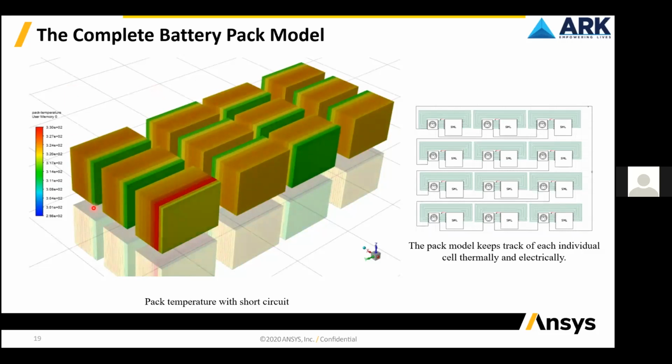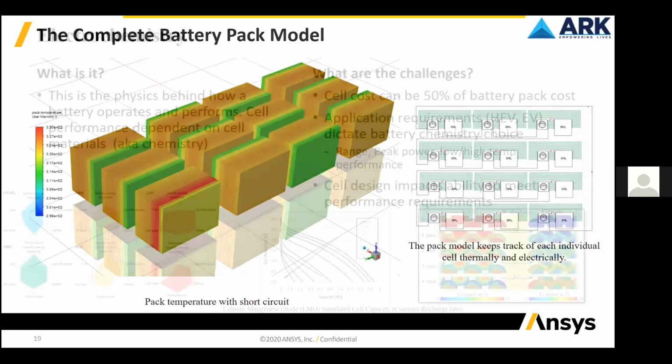As you can see, this is a battery pack that is simulated for the thermal analysis. And this is the pack when the short circuit is happening. So this is the temperature contour for the battery pack module for the short circuit condition.